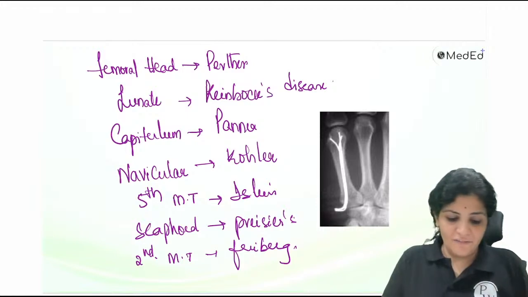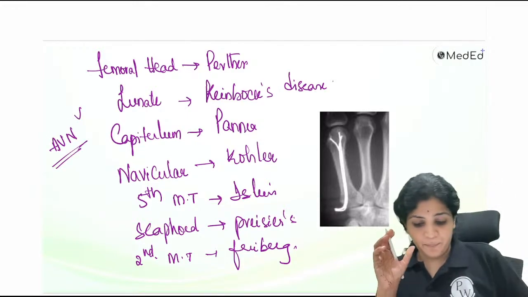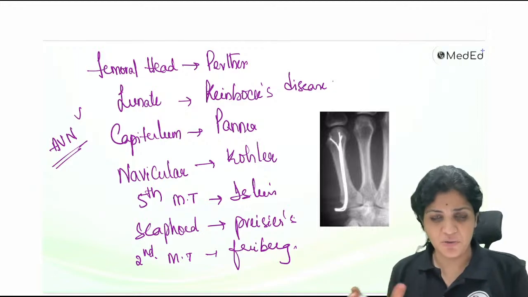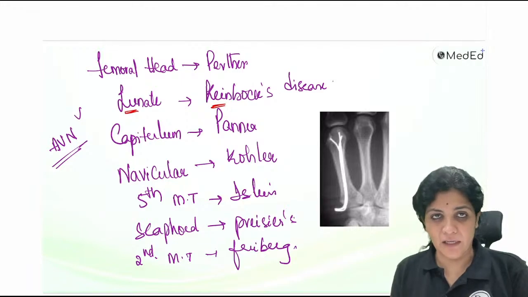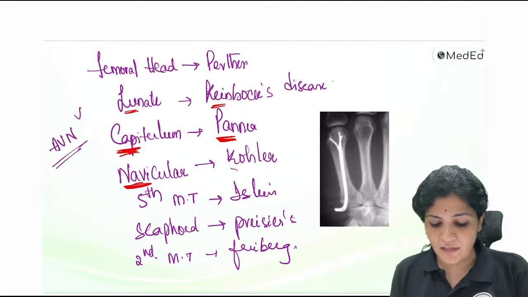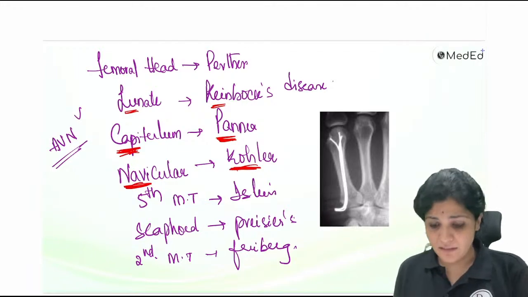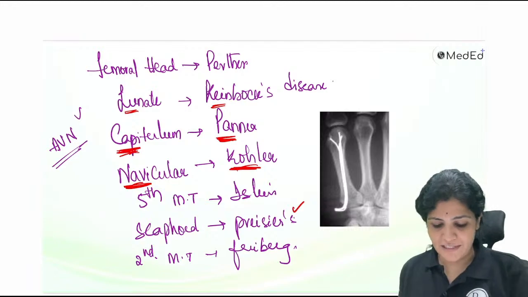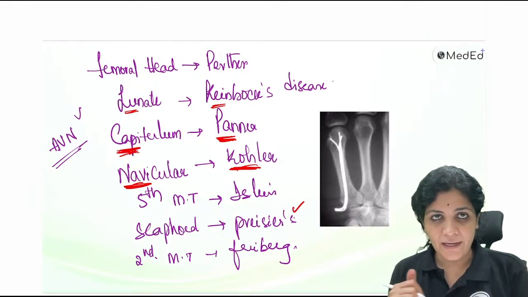So these are all avascular necrosis conditions which you have to remember. Kienbock, just remember this as lock and key. Lunate and Kienbock's. Capitulum is Panner's. Navicular is like Virat Kohli, Kohler's. Scaphoid is Preiser's, second metatarsal is Freiberg's, and fifth metatarsal is Iselin's. Okay.